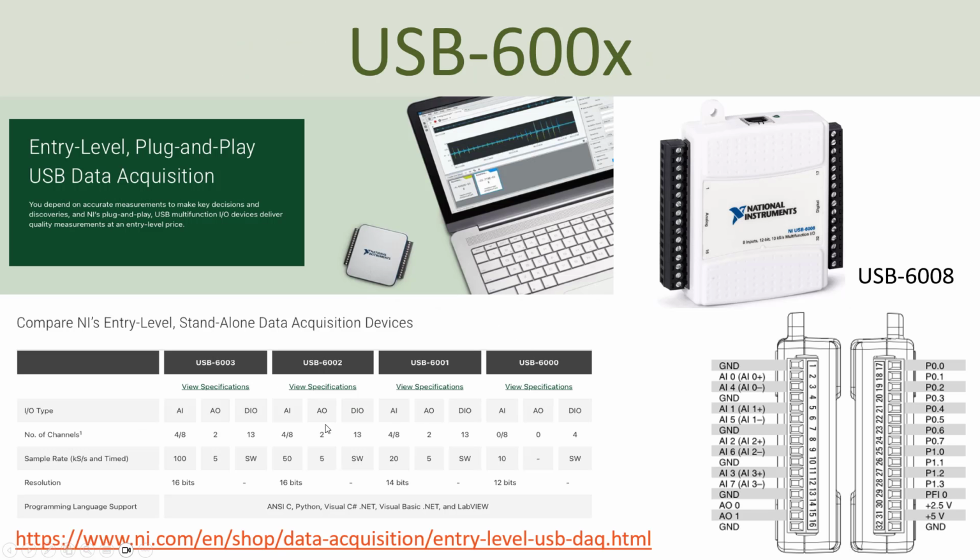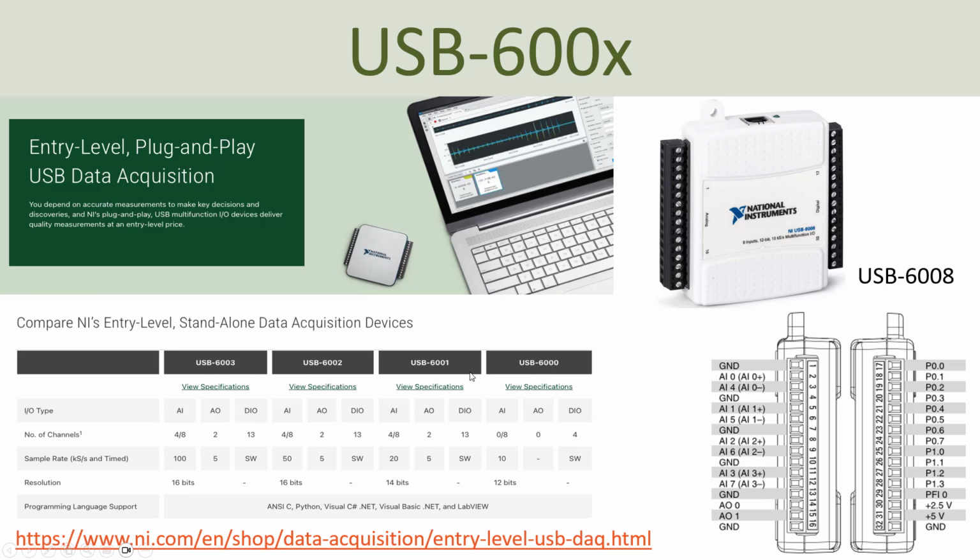The other one I will use and give an overview of is this USB 6008 DAQ device. This is the DAQ device I have in my office, which I will focus on in this tutorial and in this video. But there are lots of other similar DAQ devices from NI that you can use as well. And NI also has this USB 6000X low-cost series.